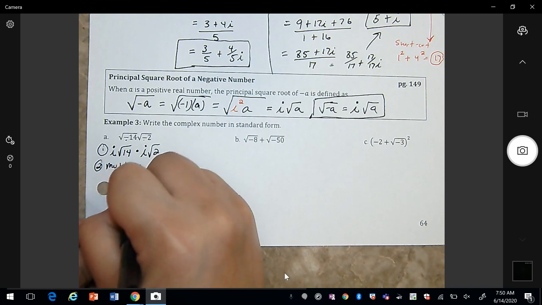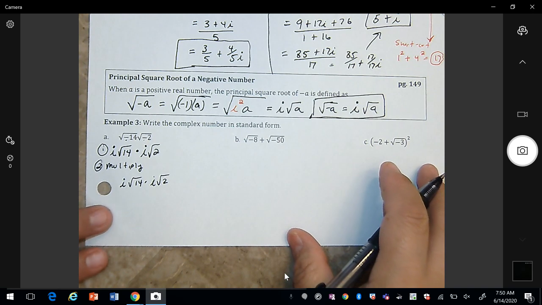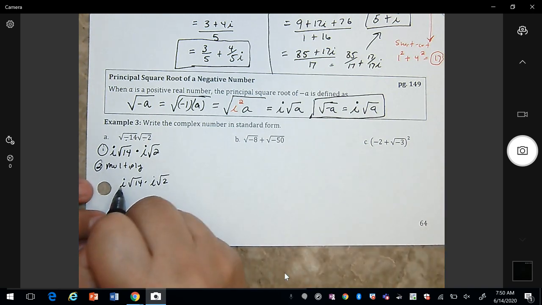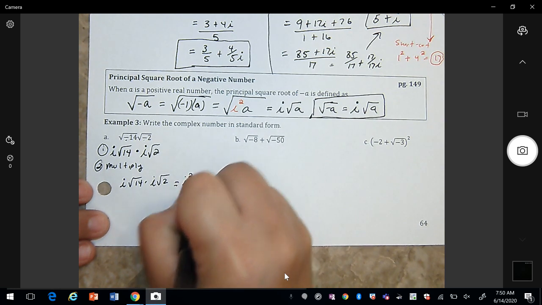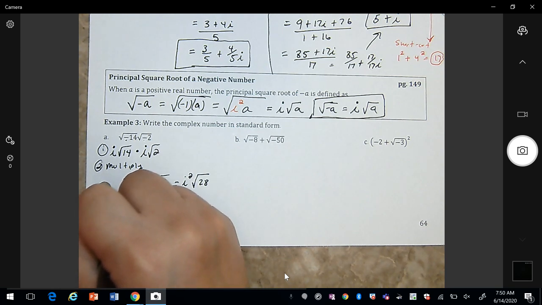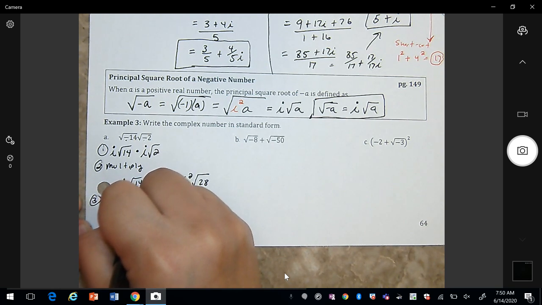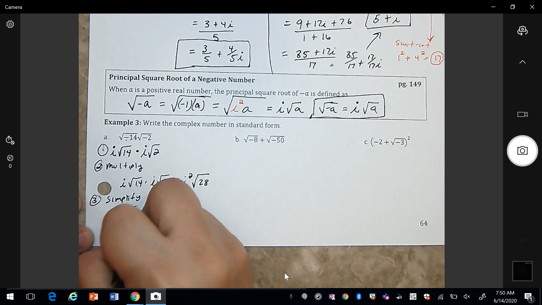So we have i times square root of 14 times i square root of 2. So that's going to give me i times i is i squared, and 14 times 2 is square root of 28. And then step 3 is to simplify. So I have i squared, square root of 28.